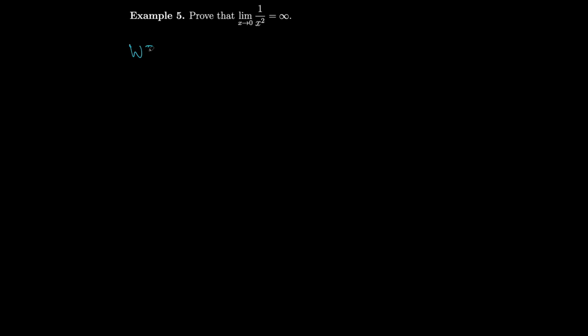We want to show that if absolute value of x minus 0 is less than delta, so we're getting close to 0, then 1 over x squared needs to be bigger than every number M. Well, remember, we're trying to make these things match, so I just want to get an absolute value of x in the end. So let's flip these.